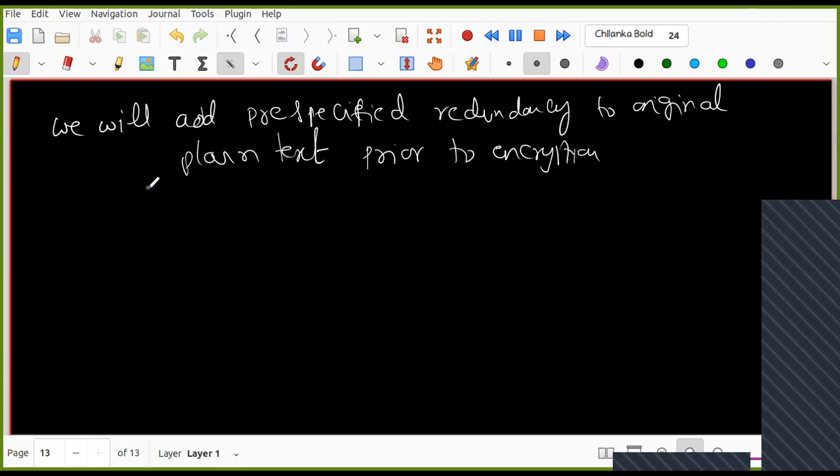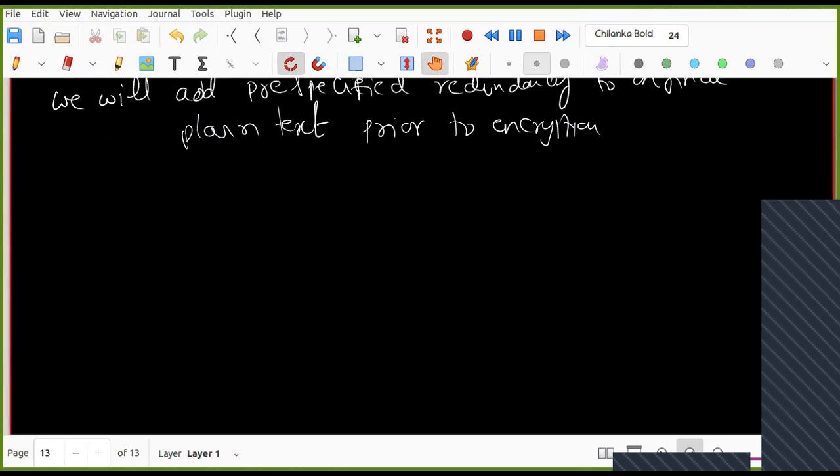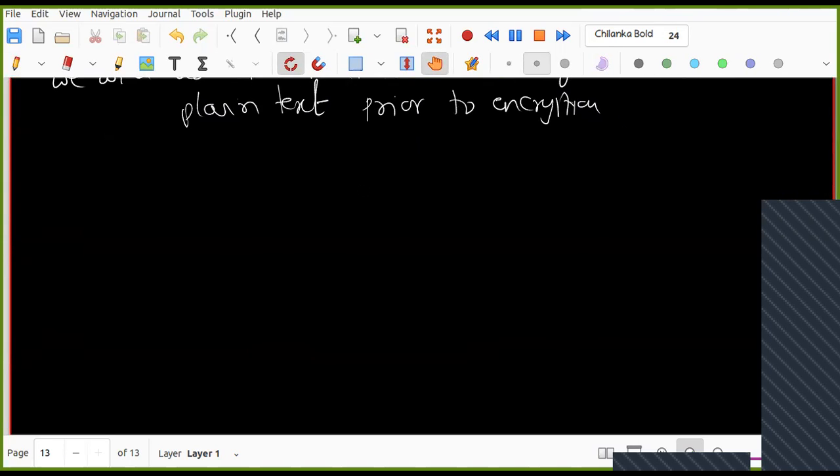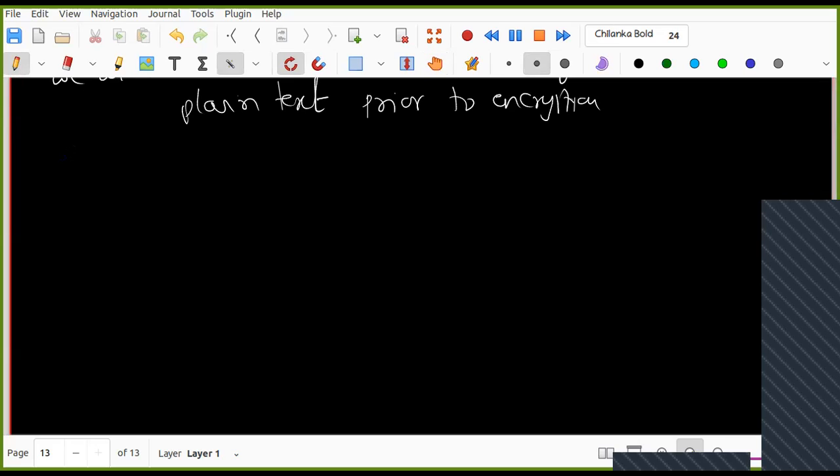Before encrypting, I will add some pre-specified redundancy to the plain text. Then it is easy for me to figure out exactly which one is the M out of M1, M2, M3, M4.